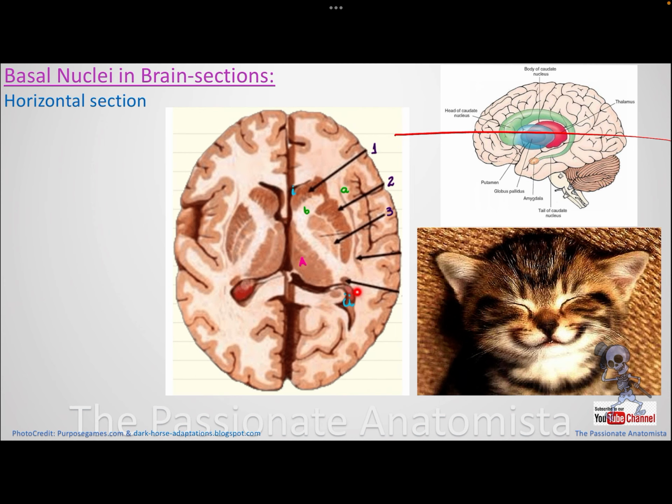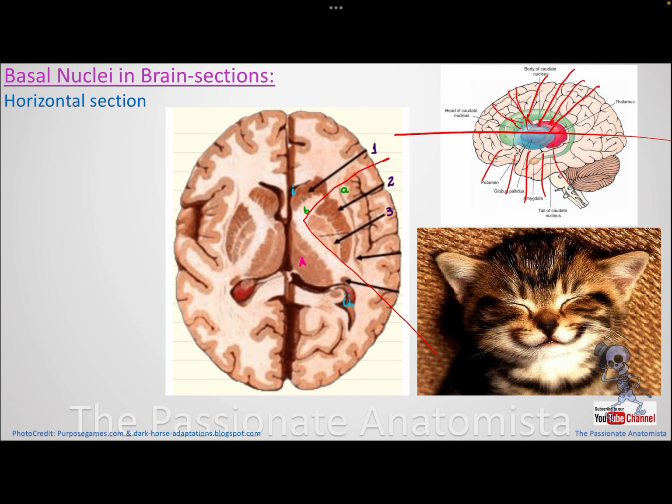And what separates them is actually the internal capsule, because remember that those tracts are what divided my basal nuclei into groups. The descending corticospinal tracts, as they descend from up to down, we will find them separating these into medial and lateral groups.